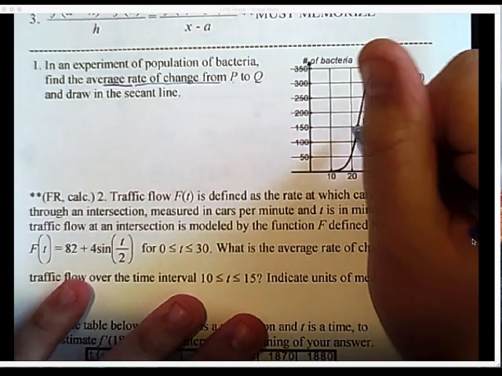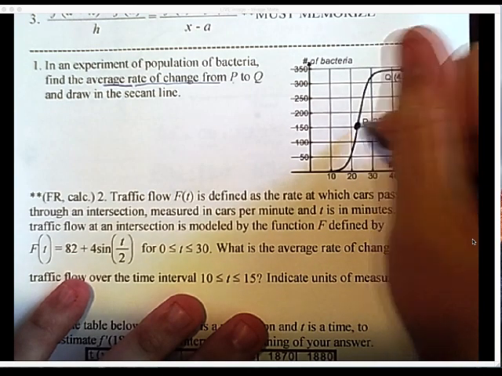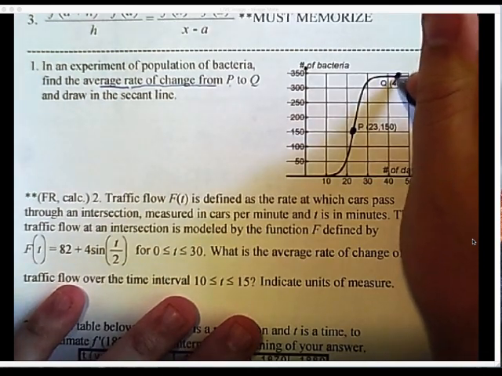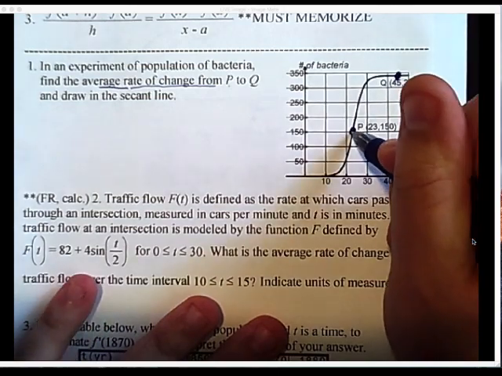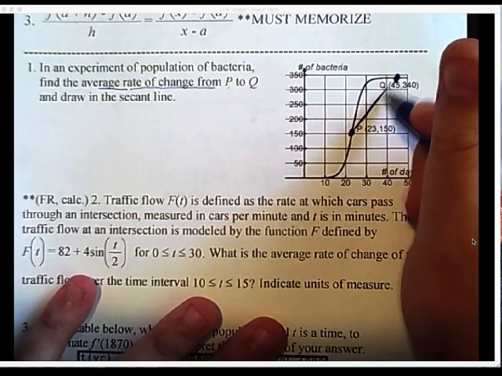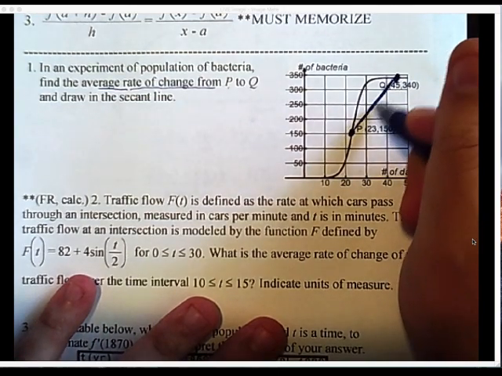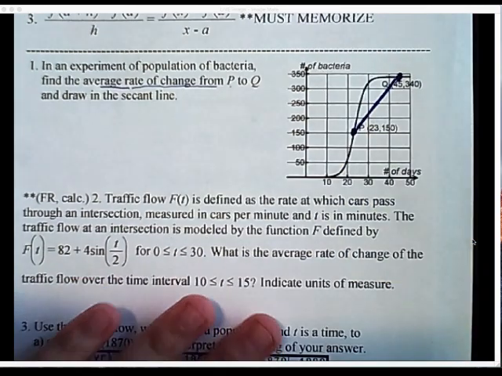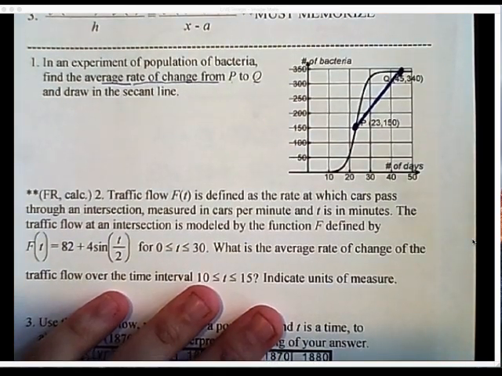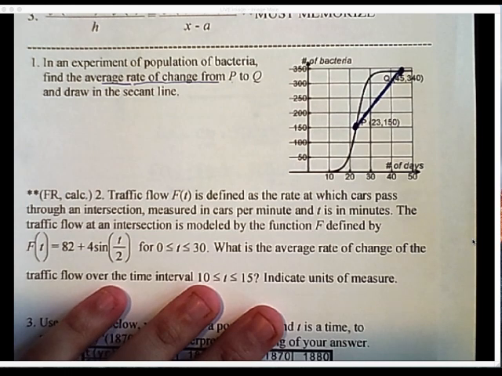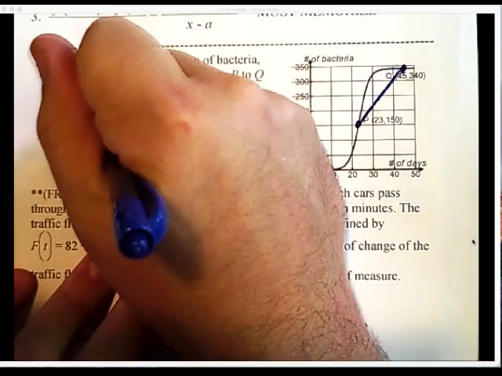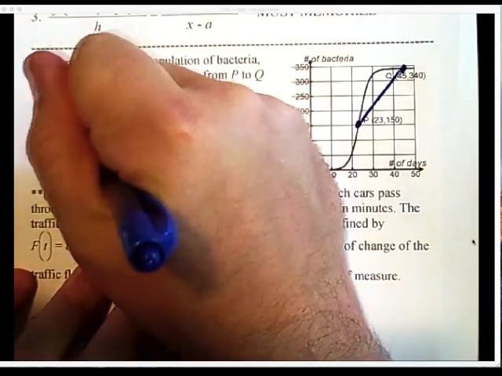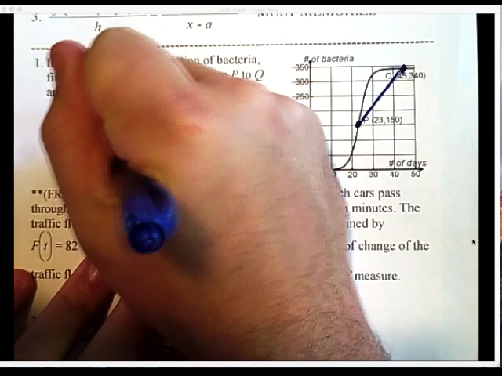Well, here's P and here's Q. So if I'm going to draw in the secant line, I'm just going to draw a line connecting those 2 points. Okay. All right. So how would we find the slope there? Or basically what I'm trying to do is find the average rate of change from P to Q.